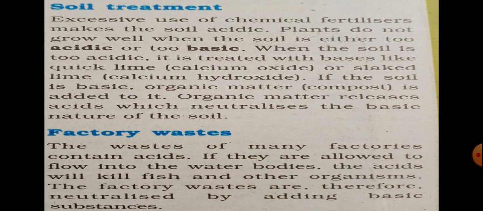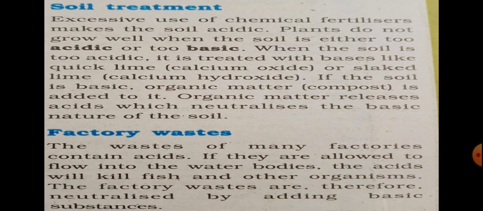When the soil is too acidic, it is treated with a base like quicklime, calcium oxide. And if the soil is basic, then organic matter, compost, is added to it, and the organic matter releases acids which neutralize the basic nature of the soil. This way, by adding acid or base, we can neutralize that part of the soil.